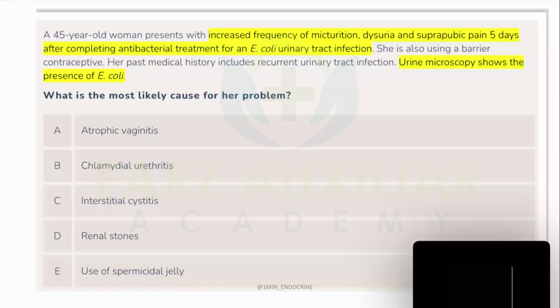There is suprapubic pain, frequency of micturition and suprapubic pain. Okay, but why do you think it did not get treated? She has completed antibacterial treatment for E. coli, and urine microscopy shows E. coli, right? So she has received a full course of antibiotics for the organism which was causing the UTI. So why has it not resolved? And why is there a history of recurrent UTI?